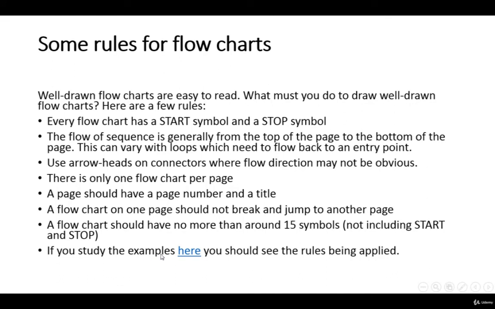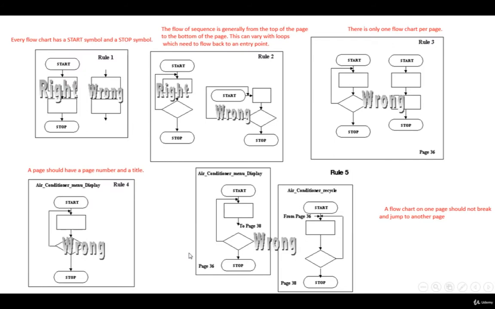If you study the examples here, we should see the rules being applied. Every flowchart has a start symbol and a stop symbol. This is wrong, there is no start and stop. This is right. The flow of sequence is generally from the top of the page to the bottom of the page. This can vary with loops which need to flow back to an entry point.